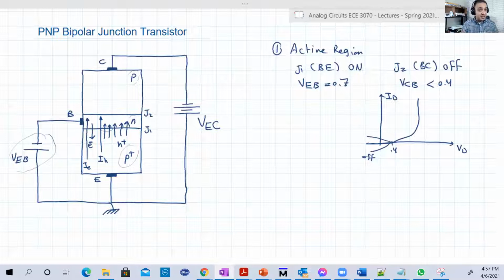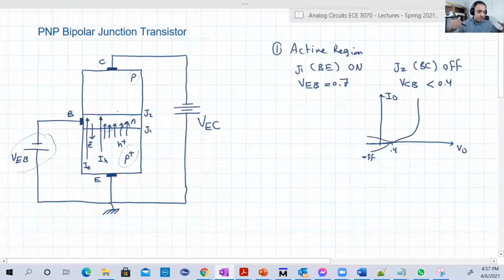Then, since J2 is reverse, as we studied in our first lecture on the transistor, it's like we are injecting carriers into a reverse biased junction. So they just flow toward the negative terminal, which is connected to the negative terminal of the battery, and of course holes are attracted to this. The base current will flow in that direction, as you see, and the collector current will flow in that direction.